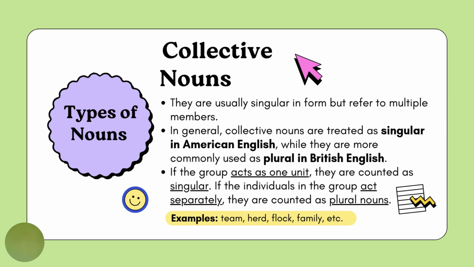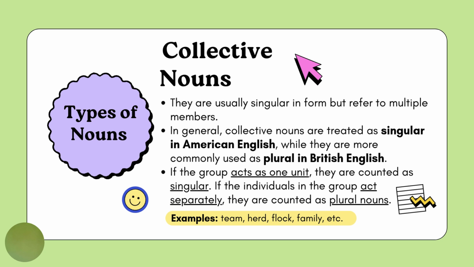When you say a collective noun, in your mind there is a kind of group with some members, but you see it as one unit. In general, collective nouns are treated as singular in American English, but in British English, it can be plural or singular.